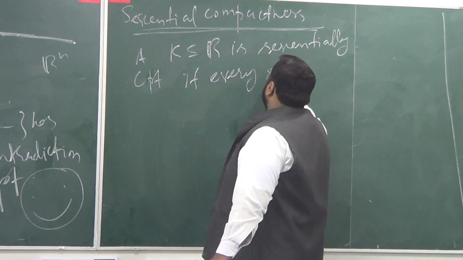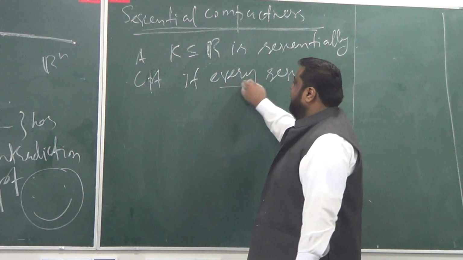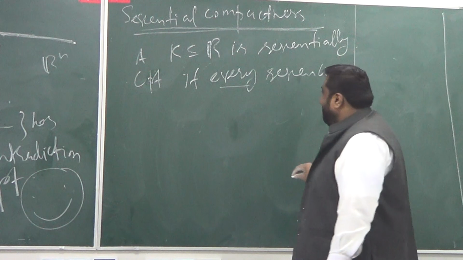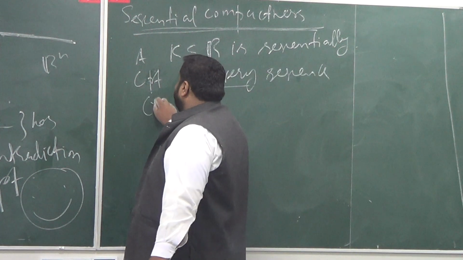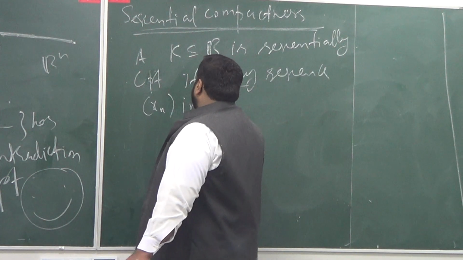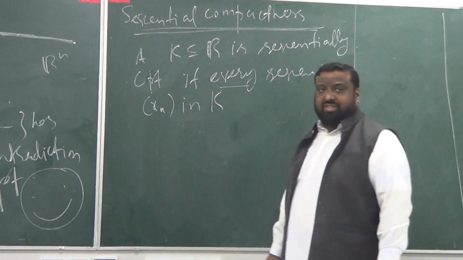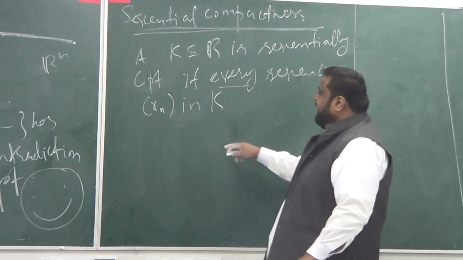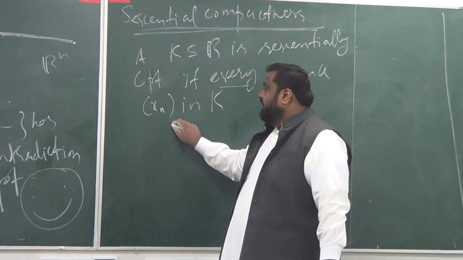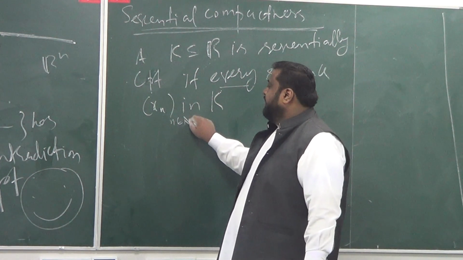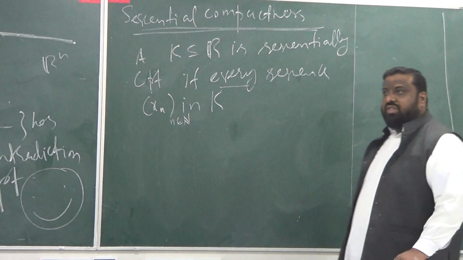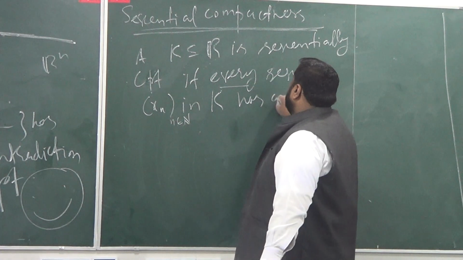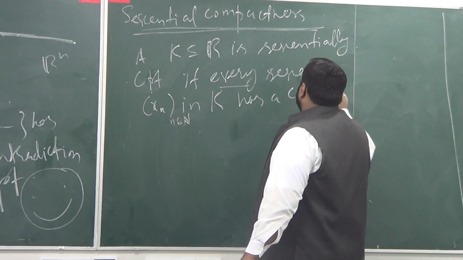every, and again this every is important, don't forget, every sequence xn in K, every sequence, no restriction. In K means all of these terms belong to K. So every sequence in K has a convergent subsequence.